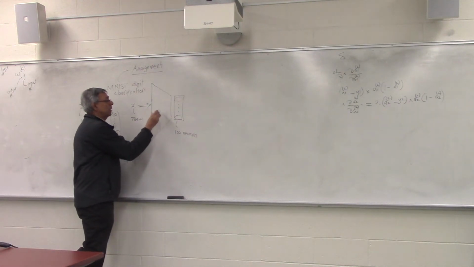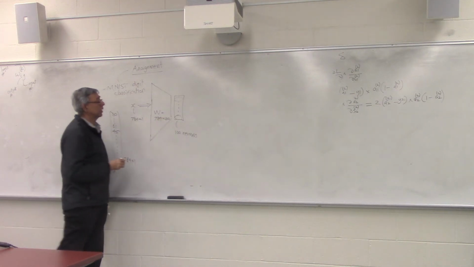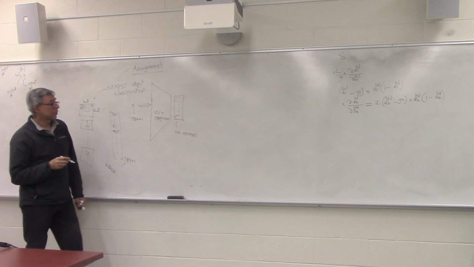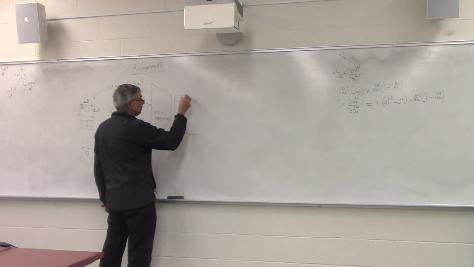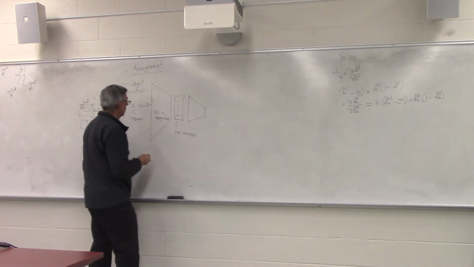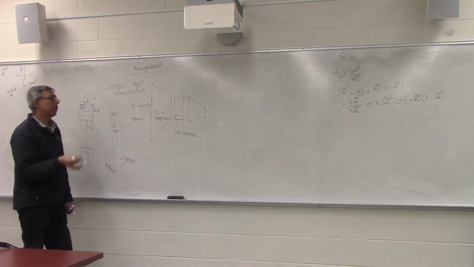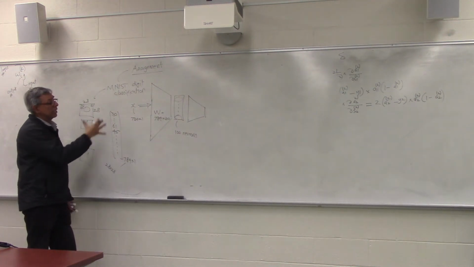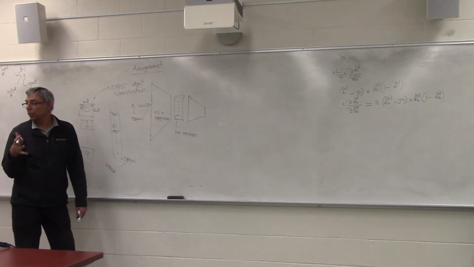So this weight matrix over here will be 784 by 100. Then we further go over here, there is a bias. Biases are added, they are not part of the multiplication of the weights.